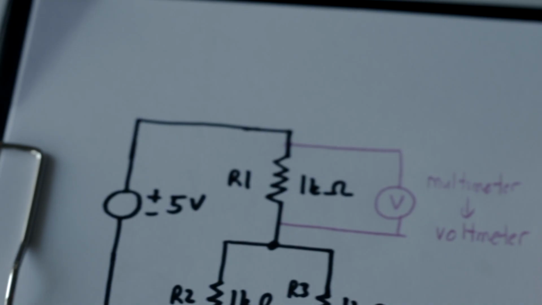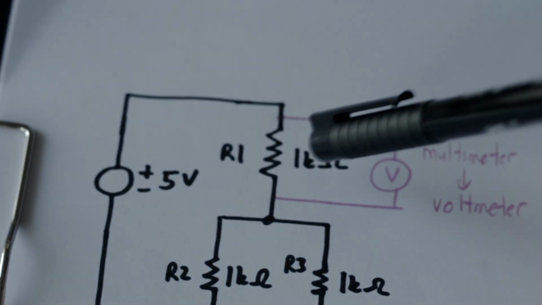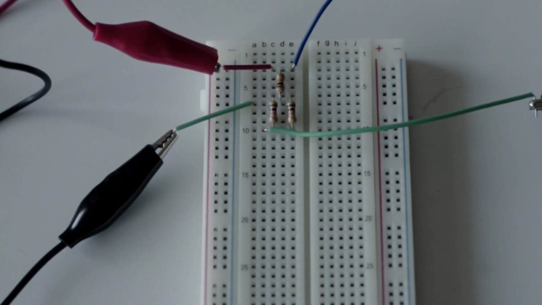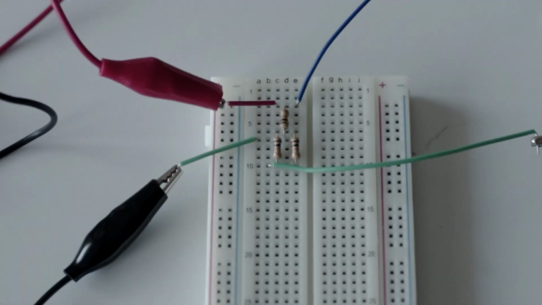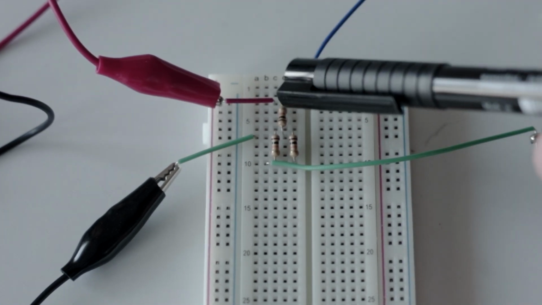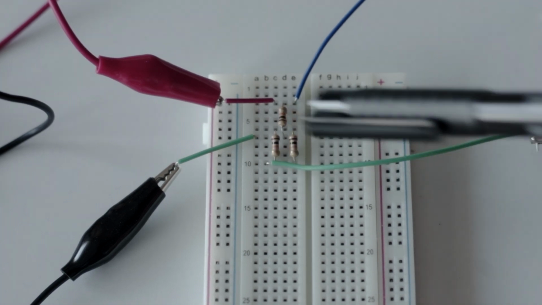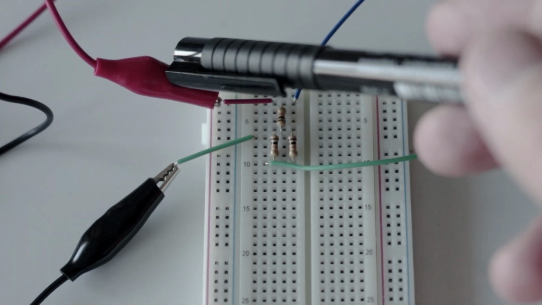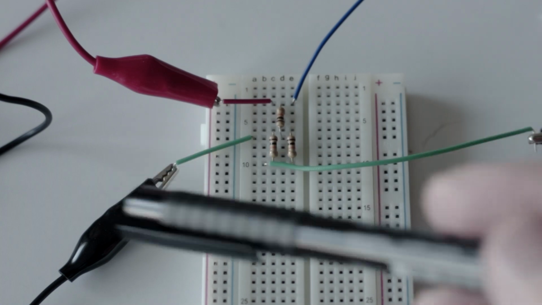And let's look at how we connected the voltmeter in parallel one more time. So I'll go back to my circuit here. And here you can see basically I've got the 3 resistors. So this was positive 5 volts, 0 volt return, and the red probe and the black probe for the multimeter.